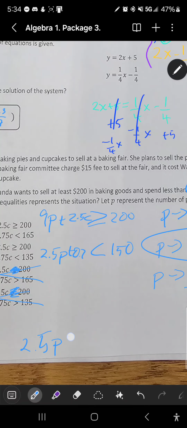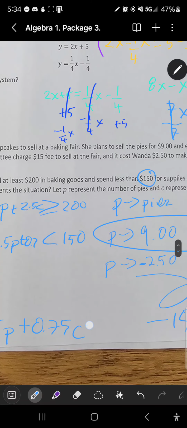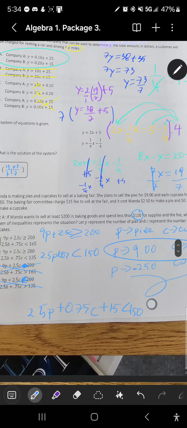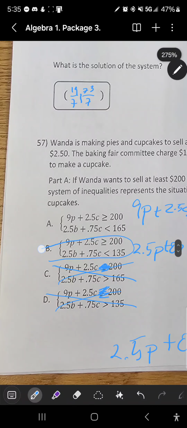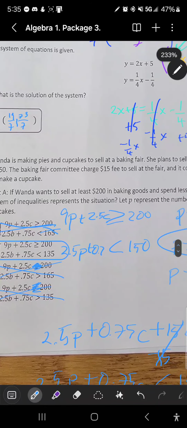I'm going to write it here. 2.5p plus 0.75c plus the fee is less than 150, because we need to include the fee. And sadly, they're charging for that. Now, if we want to get the fee to the other side, we're just going to subtract 15 from both sides. Let's cancel, and then we get 2.5p plus 0.75c less than 150 minus 15, which is 135. And this is what we have right here. So this is wrong, and our answer is B.